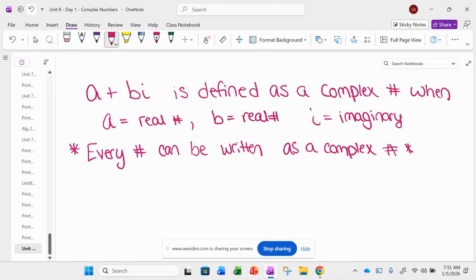So what do I mean when I say every number can be written as a complex number? Well, let's use an example. An example would be the number 5. Clearly, 5 is a real number, but I can write it as a complex number.